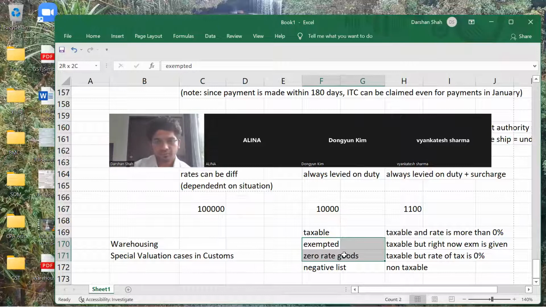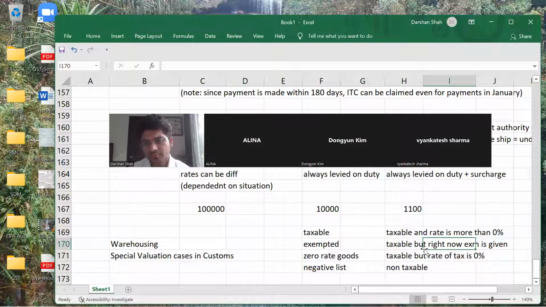So what is the main reason for these two headings, exempted and zero rated? Basically they can be changed. Okay. Exemption is given because in some way these goods are good for the economy of the country. Production and supply of these goods is beneficial for the economy. That's why an exemption is given.